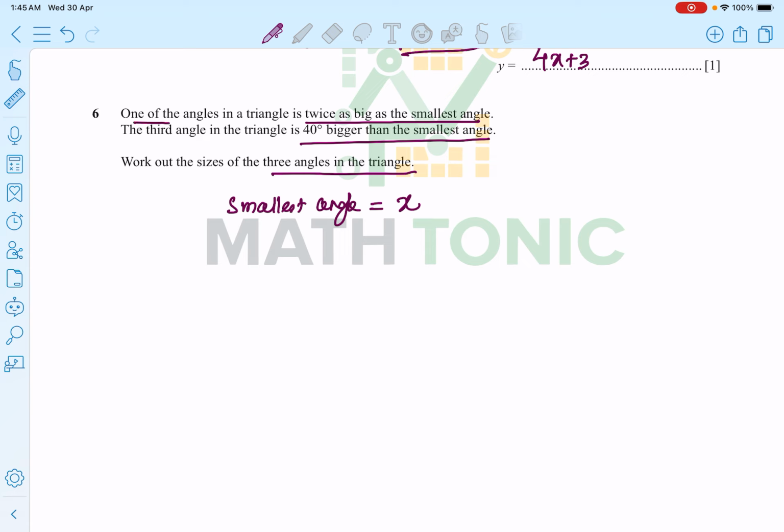One of the angles is twice the smallest angle, so that can be written as 2x, because it is twice this one, right? And the third angle is 40 degrees bigger than the smallest angle. So the smallest angle is x, so the third angle will be x plus 40 degrees.